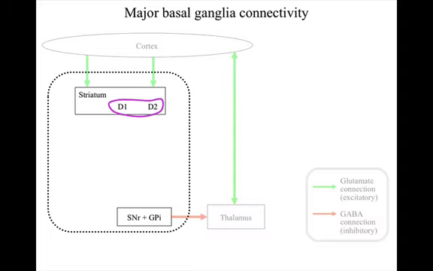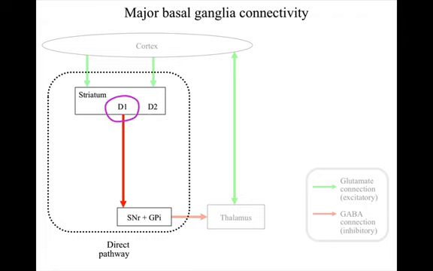Within the striatum, there are two populations of neurons, labeled D1 and D2, because one population has more D1 receptors for the dopamine neurotransmitter, and the other population has more D2 dopamine receptors. Both of these populations are made up of very similar inhibitory projection neurons.